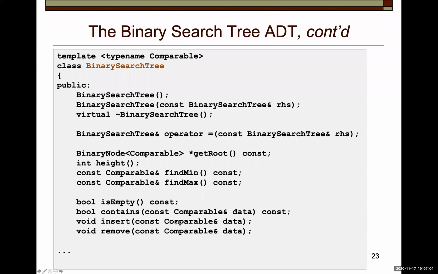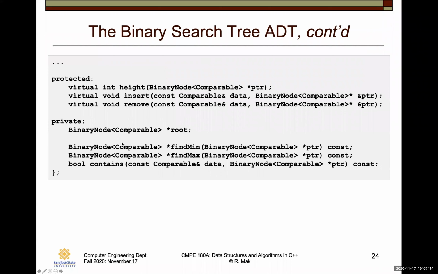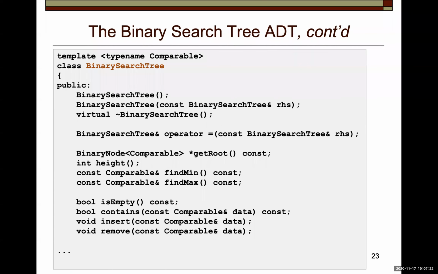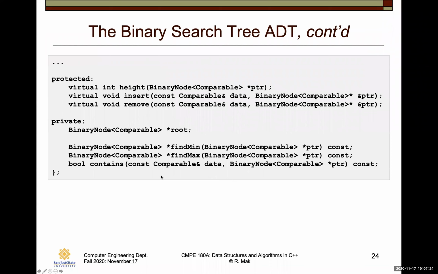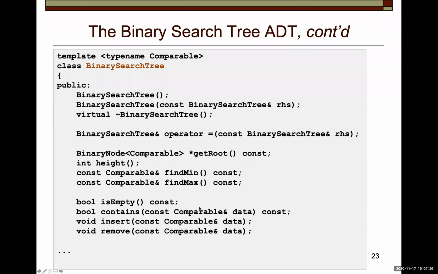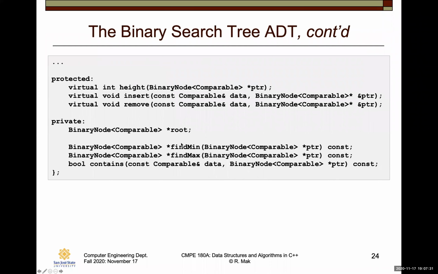And here we have some functions that will calculate the height of a tree. These are the public insert and remove, whereas the internal insert and remove are different. What's the difference here? In the public versions we're only passing in the data, and in these protected versions we're also passing in a pointer.